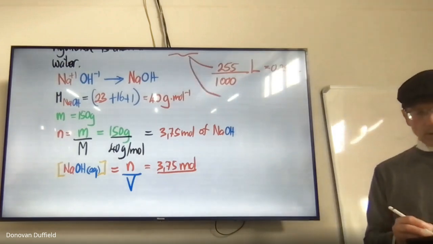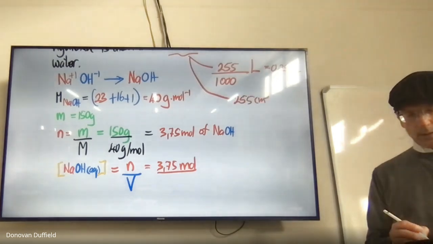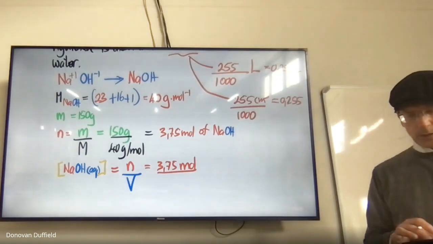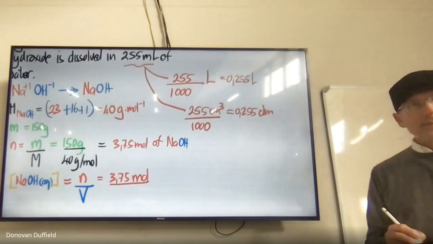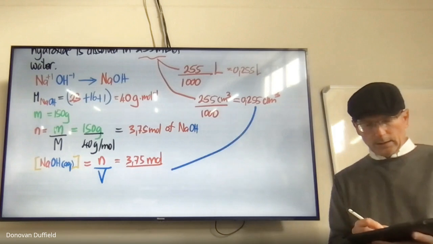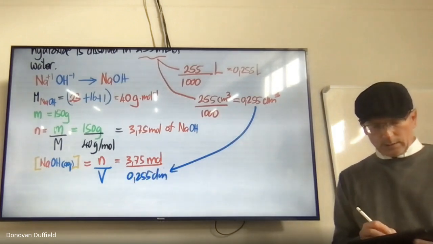But we can also look at it a different way. This is 255 cubic centimeters, and we need to divide by 1,000 to get it to be 0.255 cubic decimeters. Are you okay with that? All right. So therefore, the volume is 0.255 cubic decimeters.